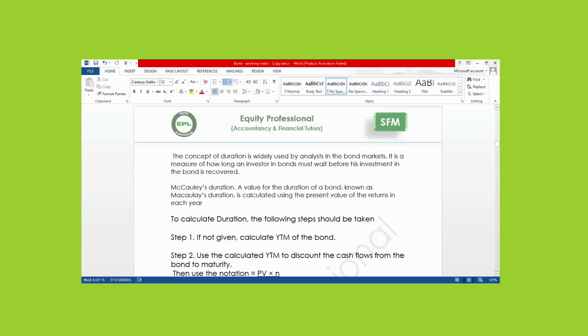It measures how long an investor will wait. Or let me put it this way: duration measures how long it will take an investor to recover the amount invested in the bond.